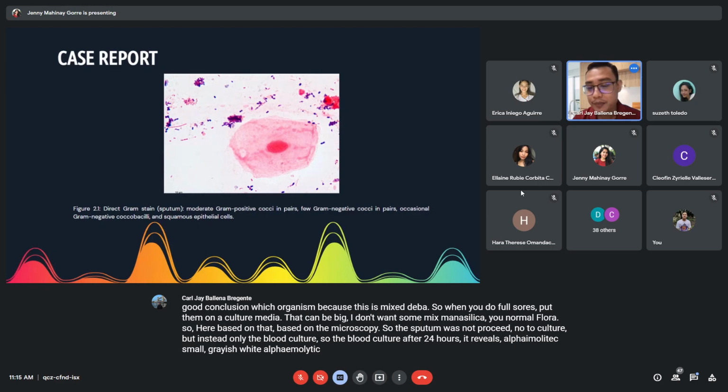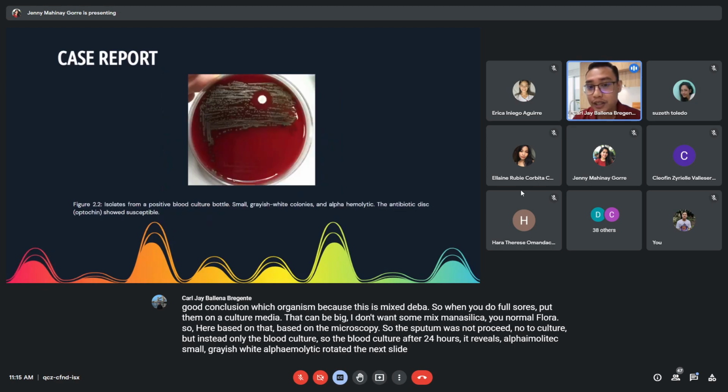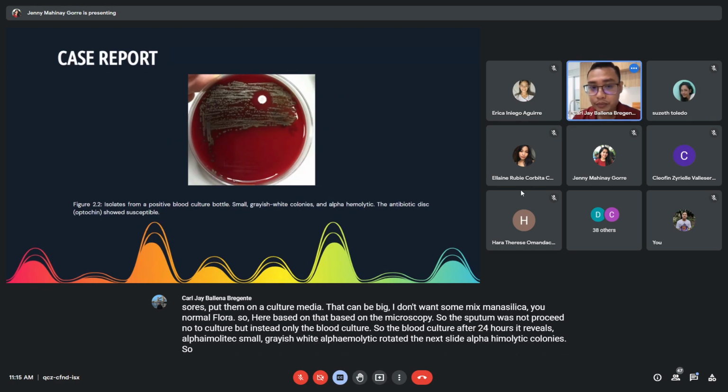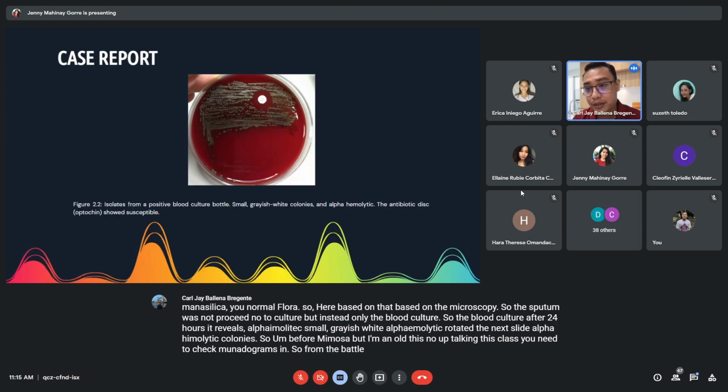Proceed to the next slide. Alpha hemolytic colonies. Before placing an optochin disc, you need to check the gram stain first. From the positive culture bottle, you gram stain it.